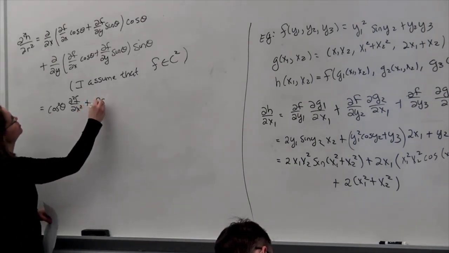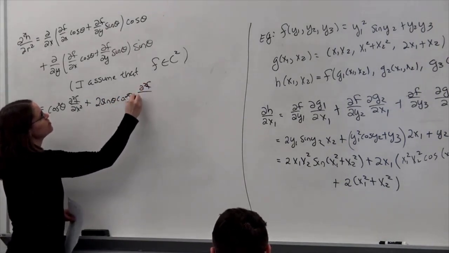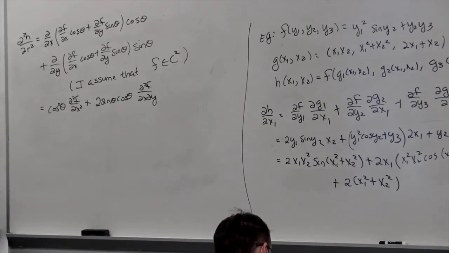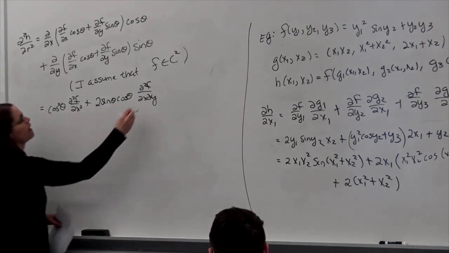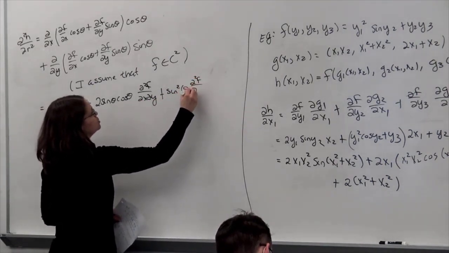So let's combine them. 2 sine theta cos theta, and then we'll have this mixed partial derivative, which again is allowed because these things are continuous. And then a sine squared theta d squared f by dy squared.